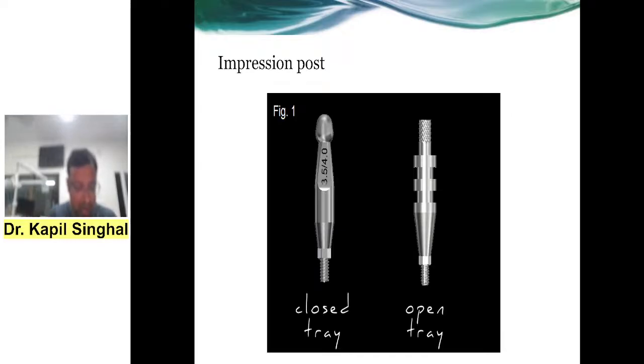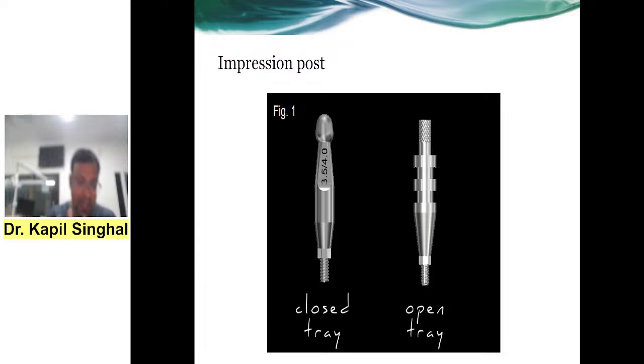Closed tray should only be preferred, so what are the indications for closed tray? Closed tray should only be preferred when, number one, the mouth opening is less. And number two, it can still be done for single implant cases. But if the question asks for the preferred technique even in single implant cases, the answer is open tray.